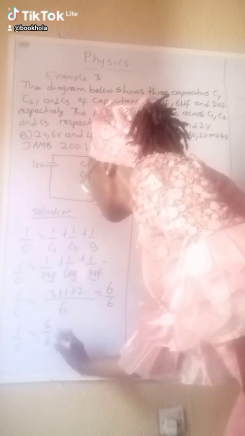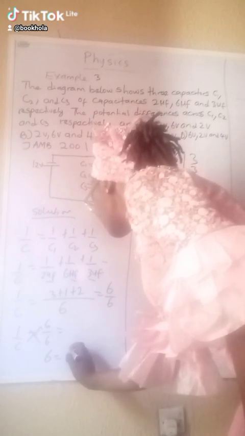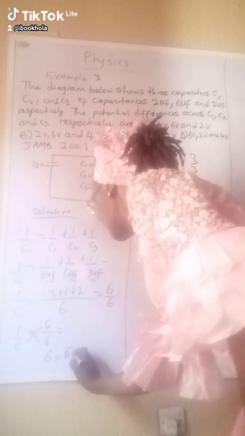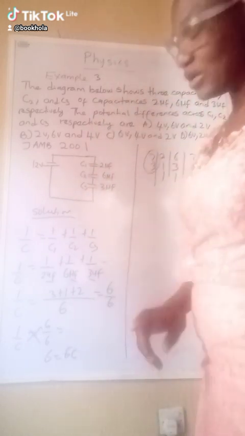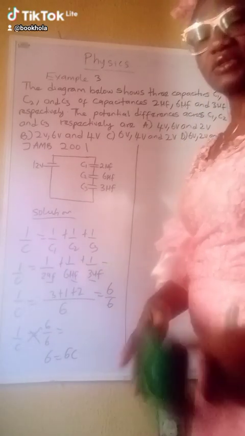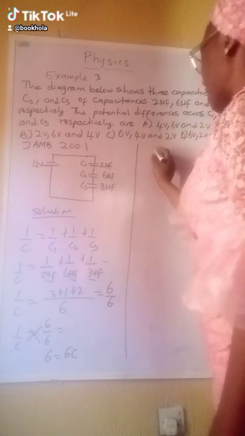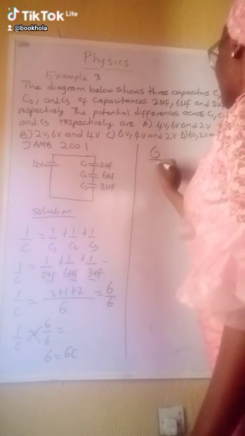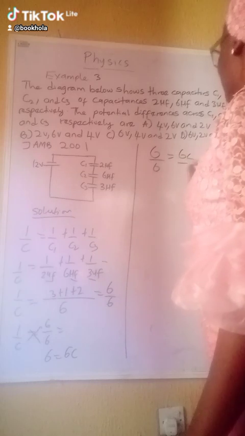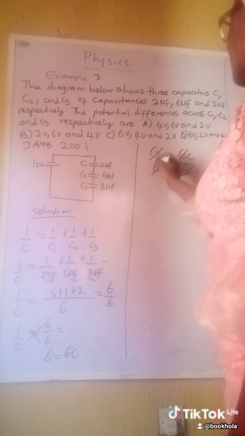Let's cross multiply. So we have 6 is equal to 6C. We are finding C, so we divide both sides by 6. 6 divided by 6, and 6C divided by 6. 6 cancels 6, we have 1.